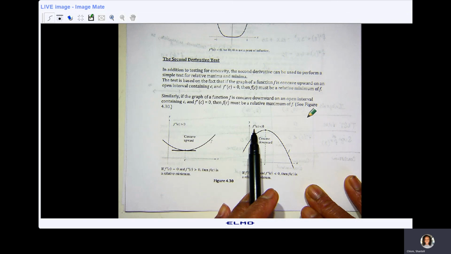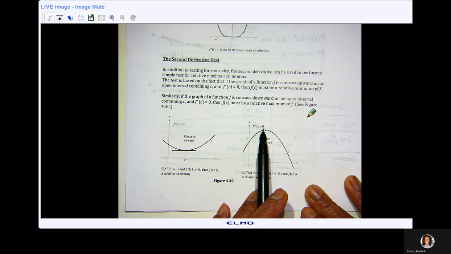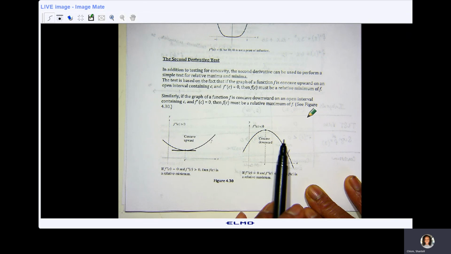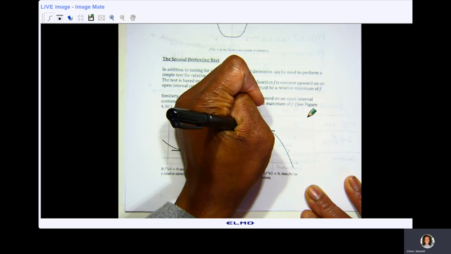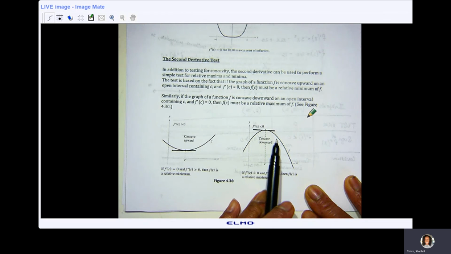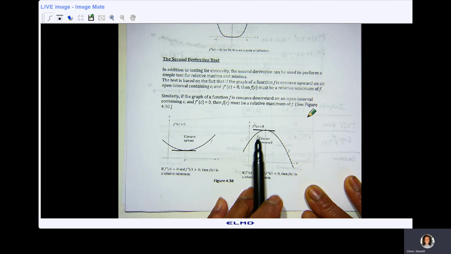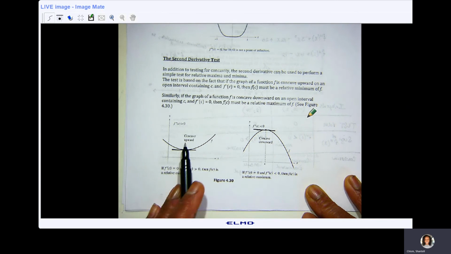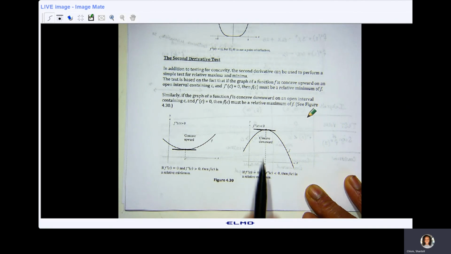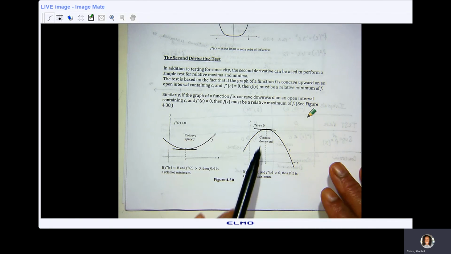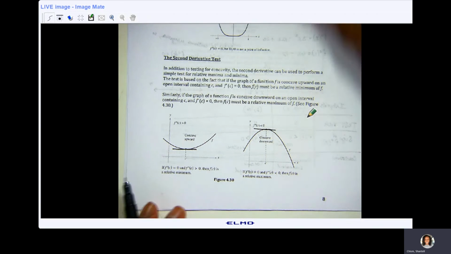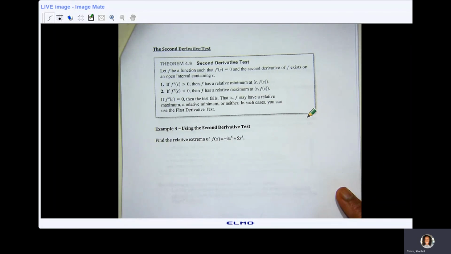If f double prime at c is negative, then that means your tangent line at that point would lie above the function, or in other words, the function would lie below the tangent line, which would give you a relative max. Okay, so concave up, relative min, concave down, relative max. It's the opposite. Up, think minimum, down, think max. And that is the second derivative test.